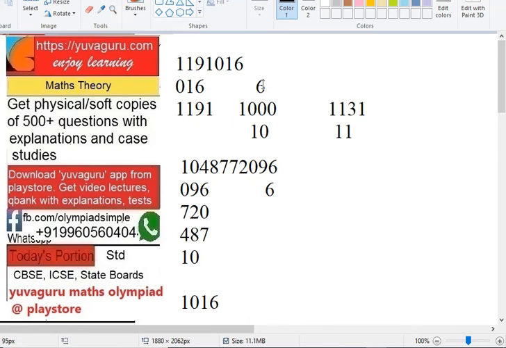So the number in the cube root will also end with 6. That's done. Now 1191. This lies between 1000 and 1331, right? So that is the cube of 10 and of 11. So it lies between 10 and 11. Take 10. So 106 is the answer for this. So 106 is the cube root of 1191016.